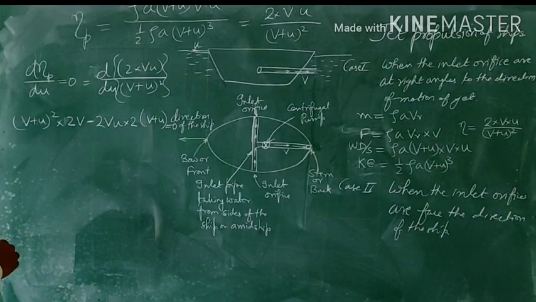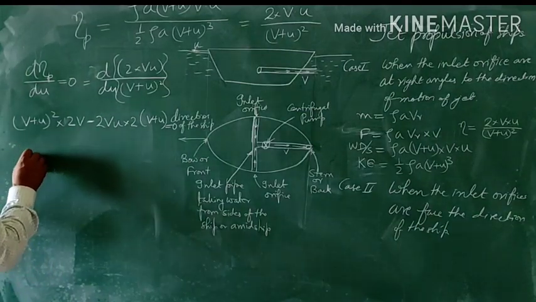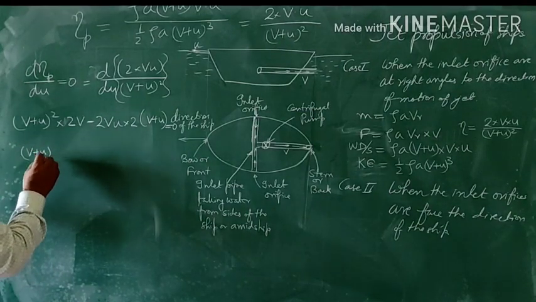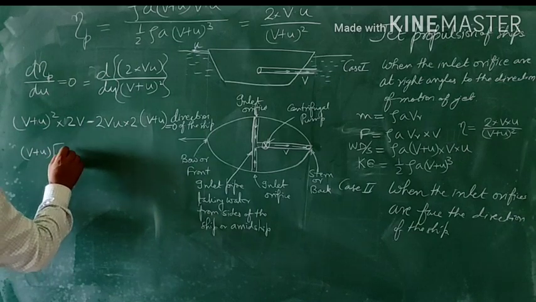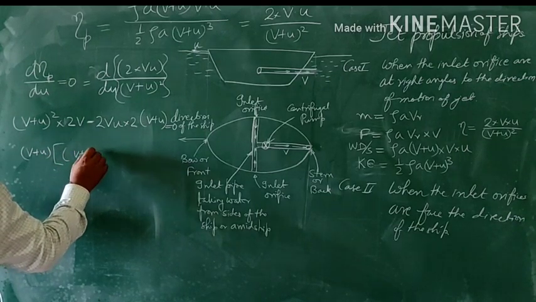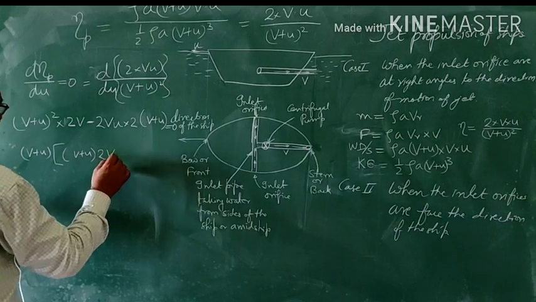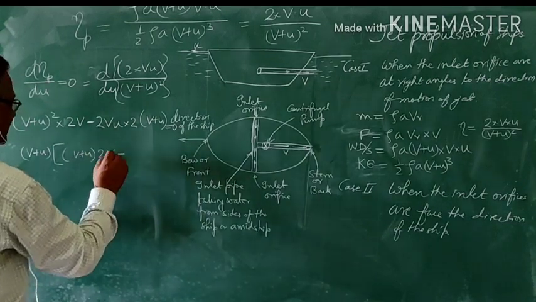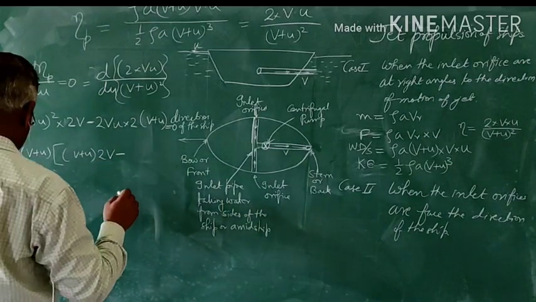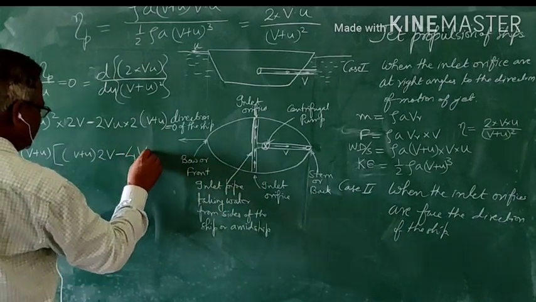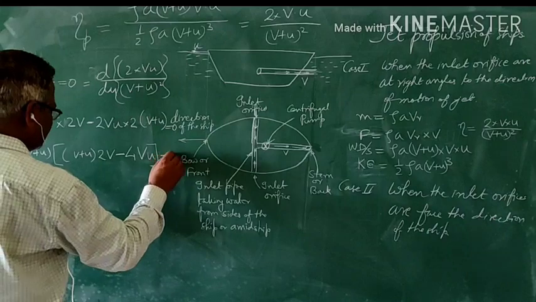So this can be written as V plus U into V plus U into 2V minus 4VU equals 0.